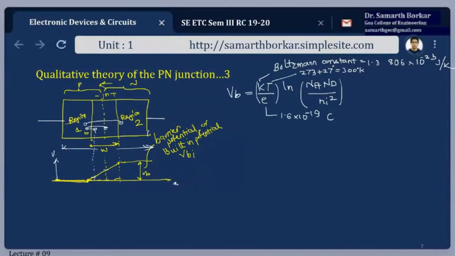So this barrier potential is independent of externally supplied voltage. Right? Now this can also be written as VT ln Na Nd by ni square. Now this VT is referred to as thermal voltage.